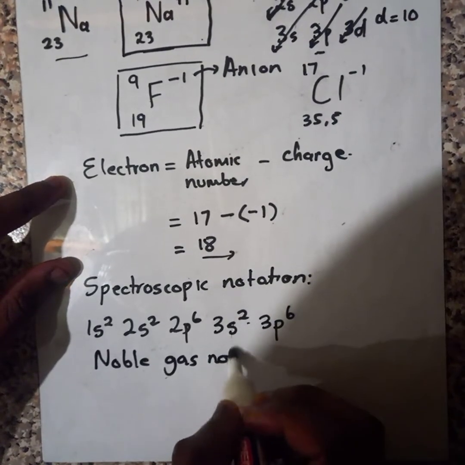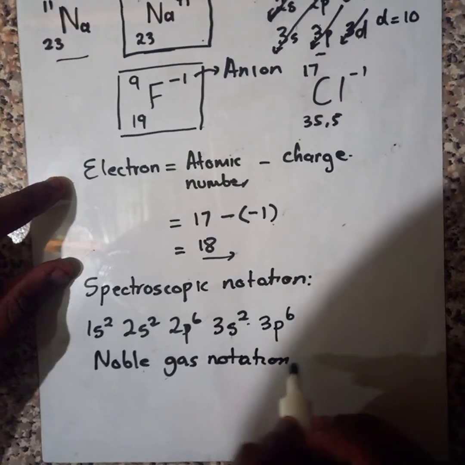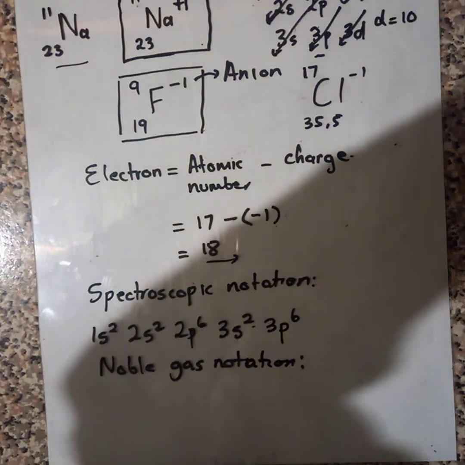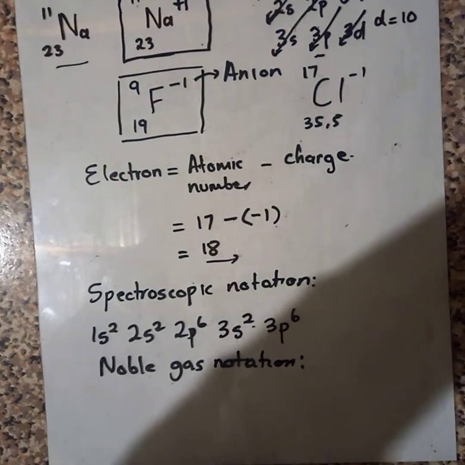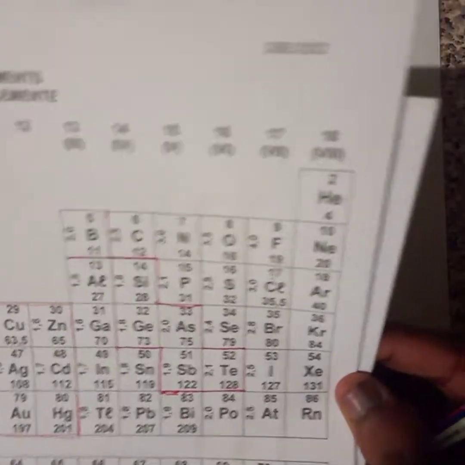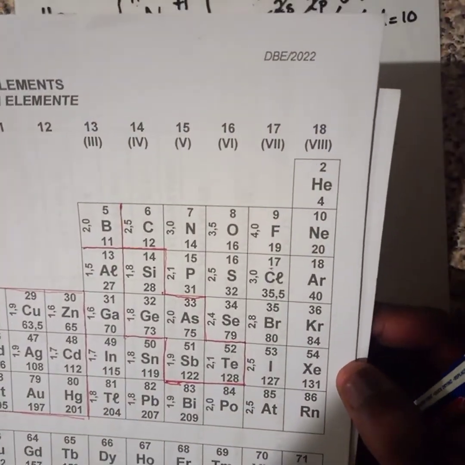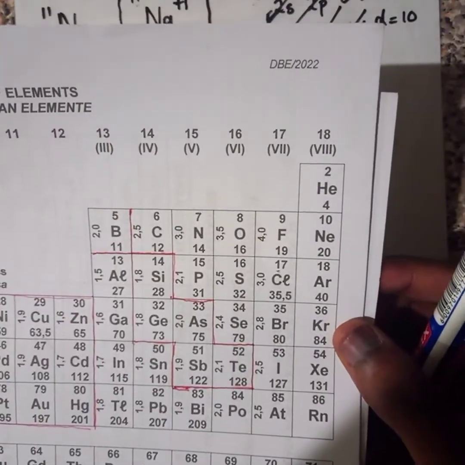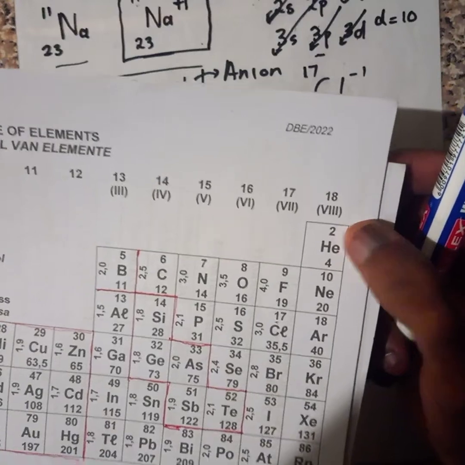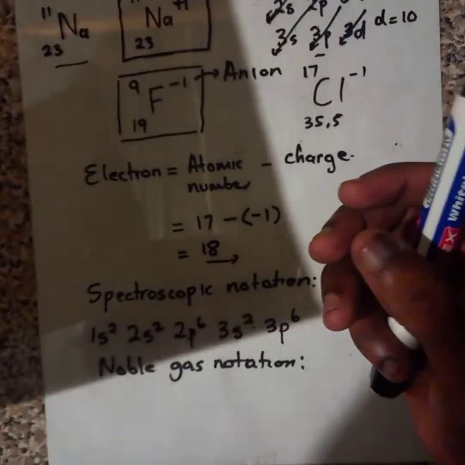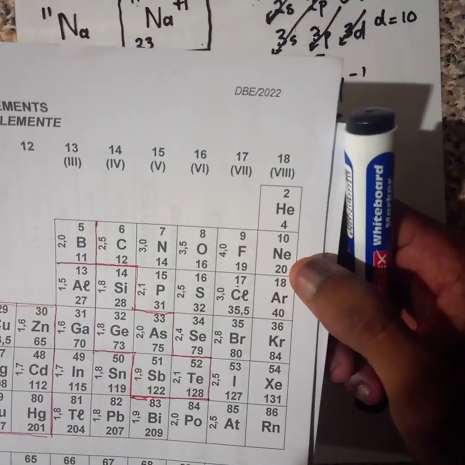Noble gas notation. For the noble gas notation, we are going to consider our periodic table. We got 18. From our periodic table we have He, we have neon, we have argon. Neon is 10, argon is 18.